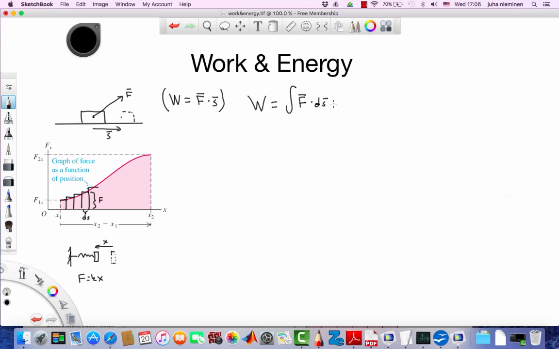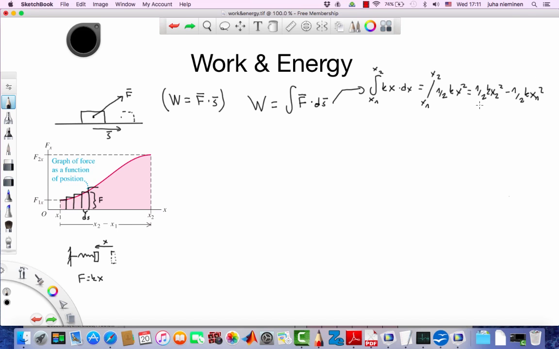Let's see what this integration formula says in that case. So we are integrating over some force F, which is now kx, times some small displacement, going from position 1 to position 2. So this becomes the integral from x1 to x2 over x, so that's half times kx squared, which is half times k x2 squared minus half times k x1 squared.